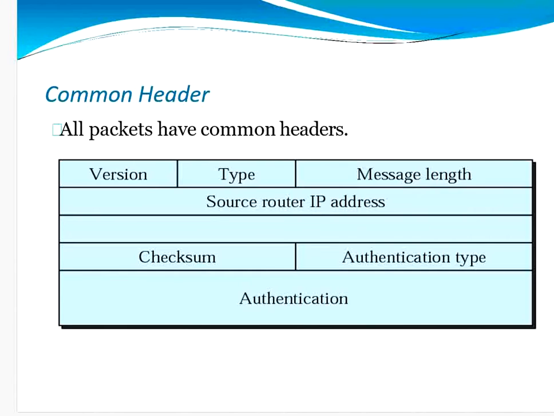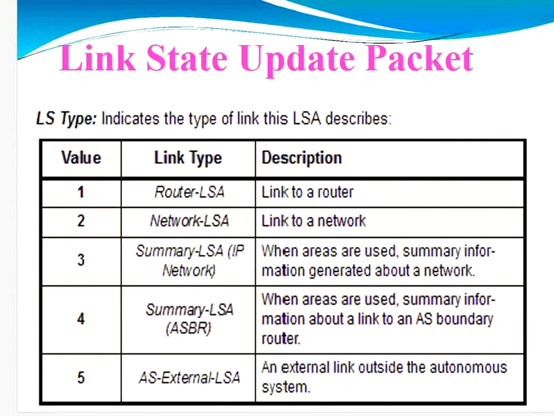First of all we have to see the link state update packet. The LS type means link state type. It indicates the type of link, and it describes the various link types. If we use the value 1, it specifies the router LSA, meaning a link to a router.